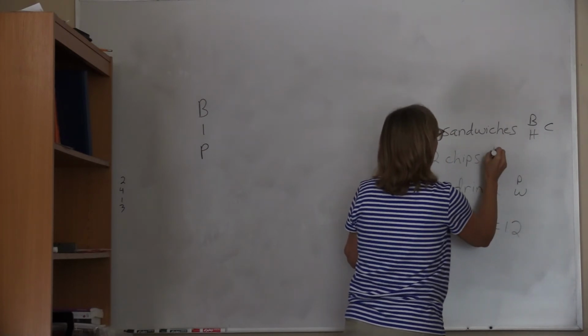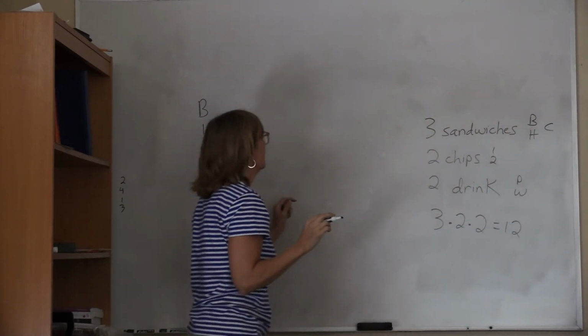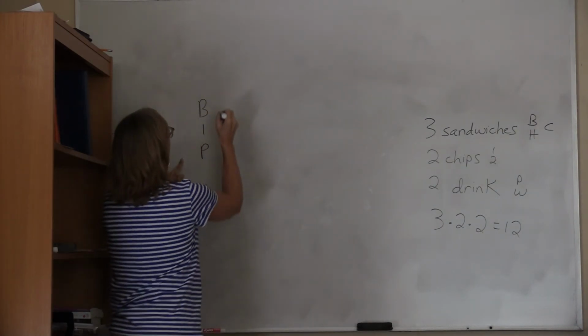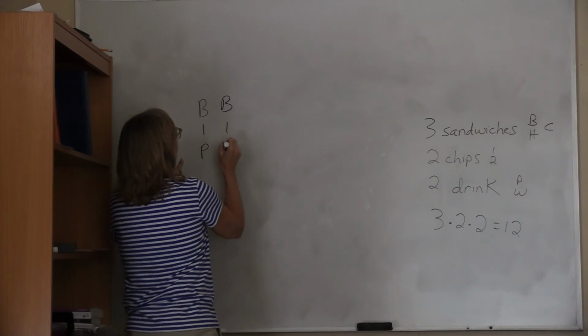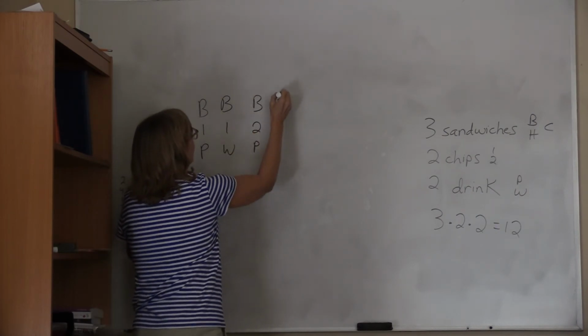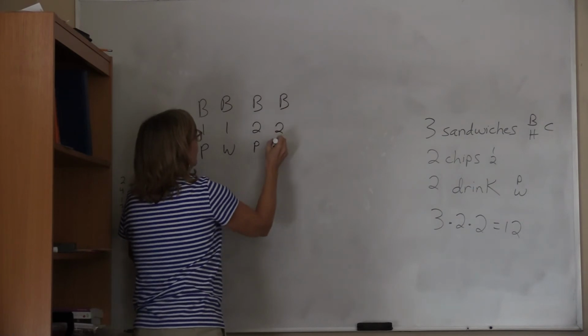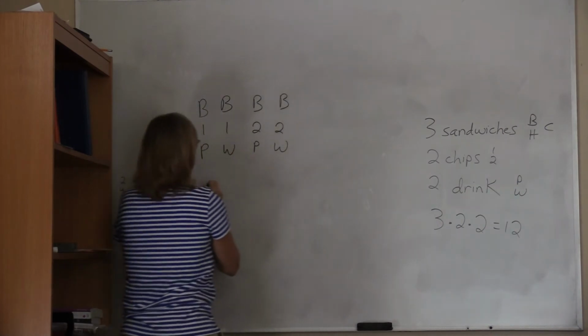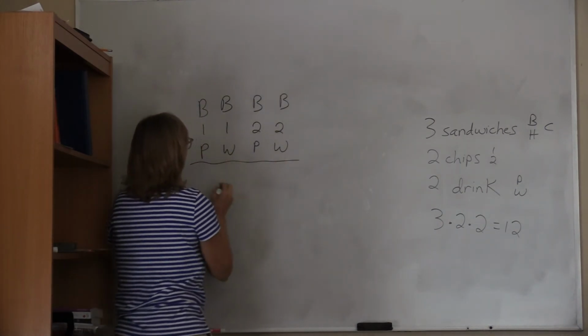And on chips, I'm just going to call them 1 and 2. All right? So I could have bologna, chip 1, and pop. I could have bologna, chip 1, and water. I could have bologna, chip 2, and pop. I could have bologna, chip 2, and water. There's 4 choices there, right?